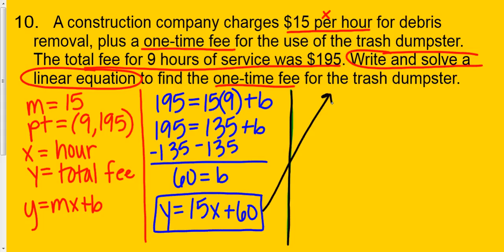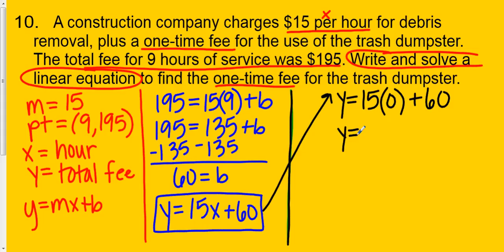Okay, for the one-time fee, what that means is that there was no other debris removal. So it was before anything for this job even started. So hopefully you realize we're going to put in 0 for that aspect. Okay, so again, before the job even starts, just the one-time fee of the trash dumpster.